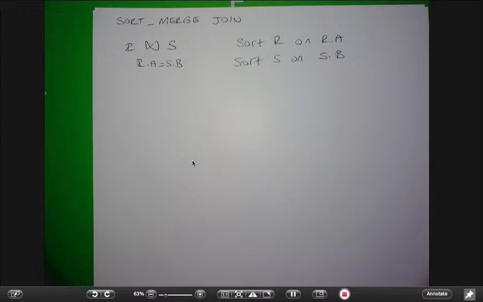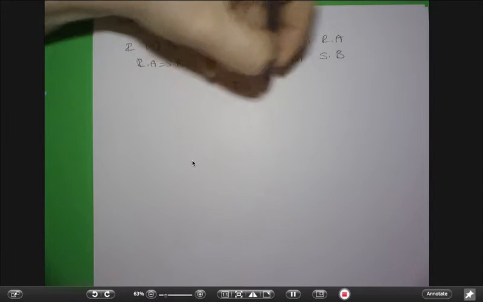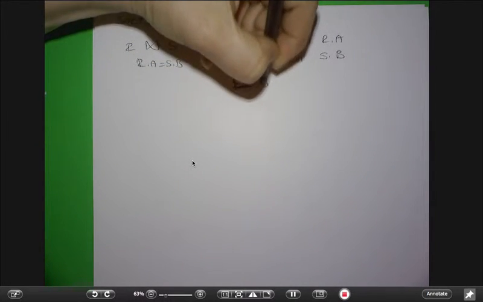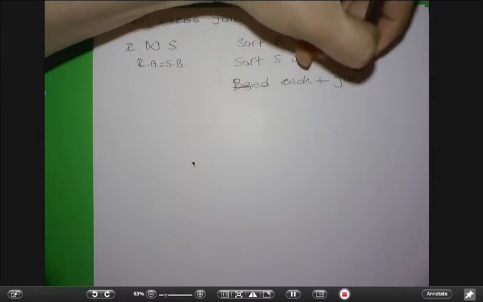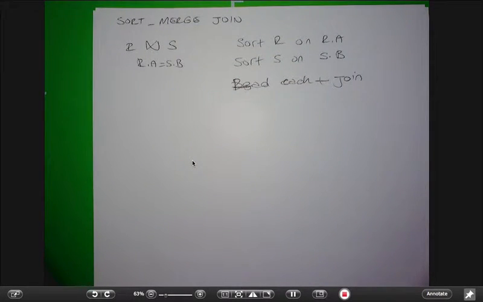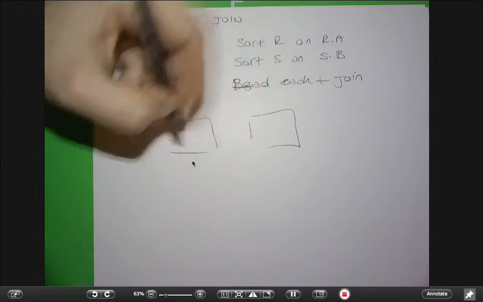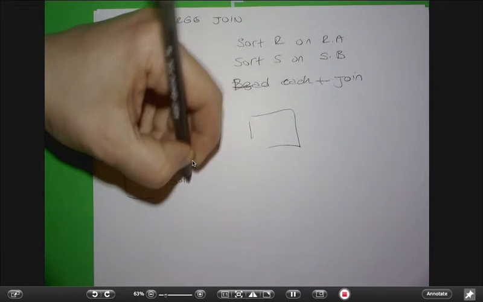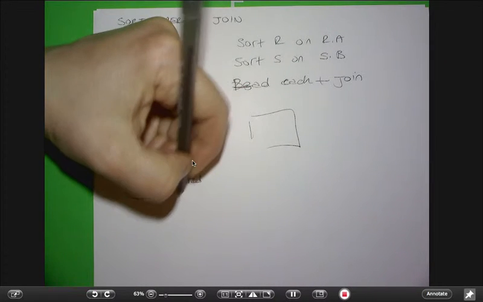So after this point, you can still basically do the join in one pass. Okay? So the idea would be that now you have sorted R. This is not the actual R, but a sorted copy that you stored on disk.